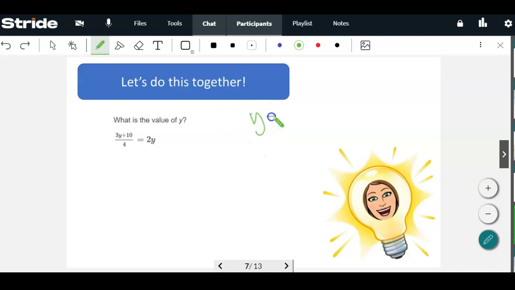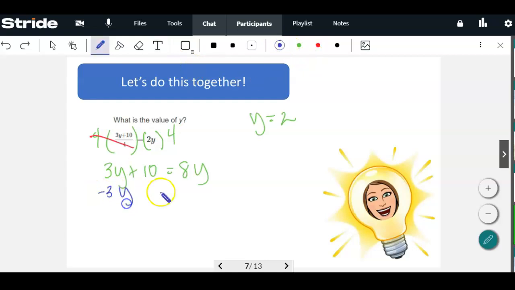So just to show you the steps again on this type of problem, you're going to start by multiplying by 4, and that cancels this out. So we're left with 3y plus 10. You're going to multiply the 4 times the 2, and you get 8y. Now I want to bring 3y over here, so we're going to subtract 3y from both sides.